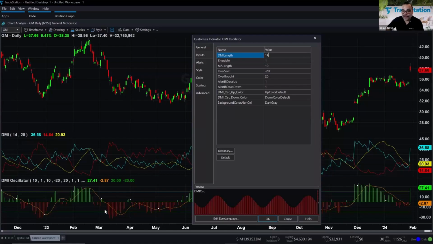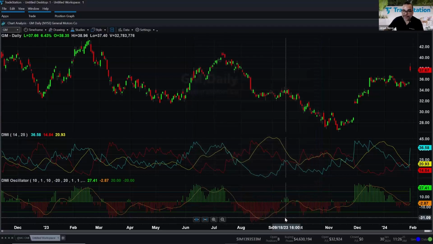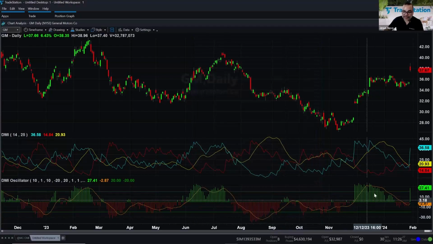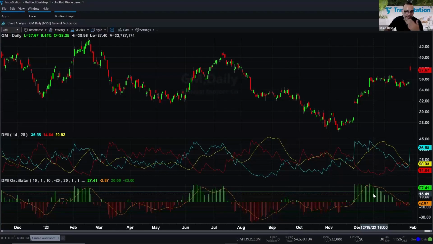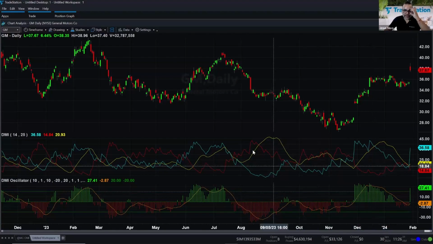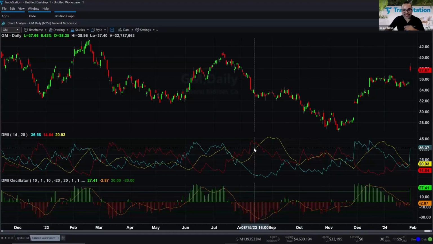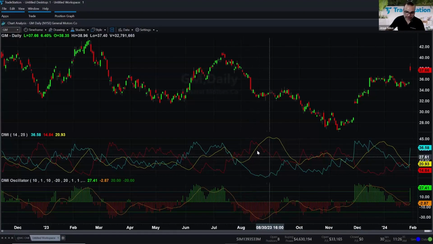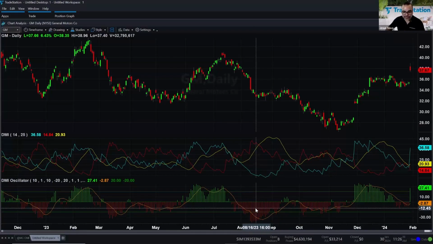So it does provide you a different visual of the DMI. Whenever the DMI plus is above the DMI minus, the histogram is green and above 0. Whenever the DMI minus is above the DMI plus, like in this area, the histogram is red and pointing downward.